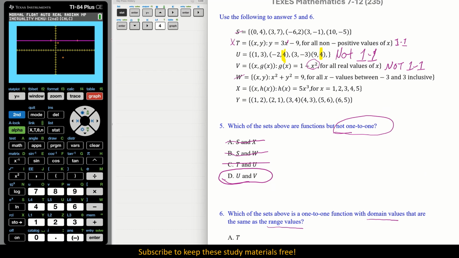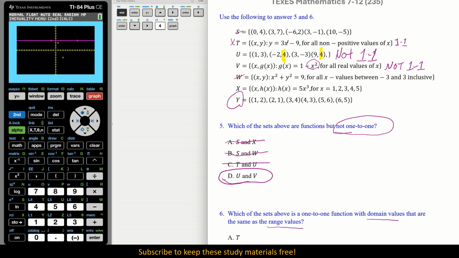You can go back and graph these, and we've already graphed U. Just visually we can see the X's and Y's are different. See, S, the X values and Y values don't all repeat, so that's not going to work. So I'm just going to go straight to the chase and tell you the only one that works right here, and we can see it visually, is Y.